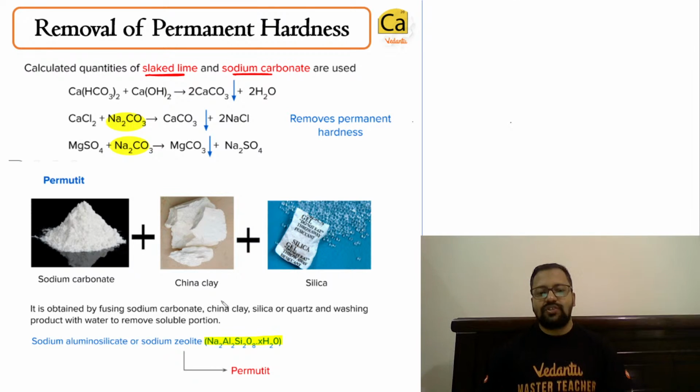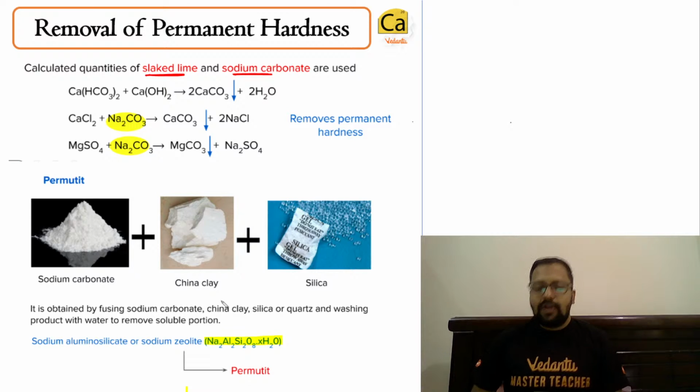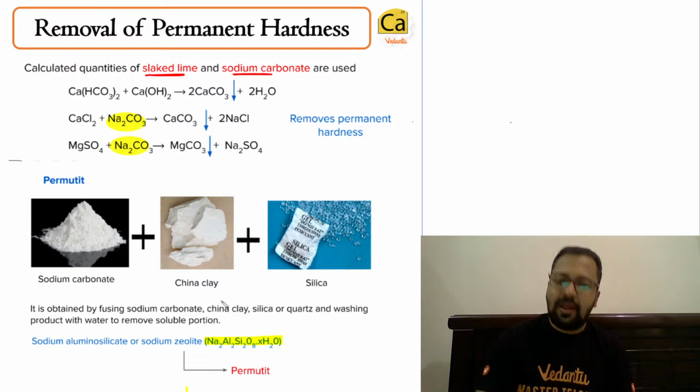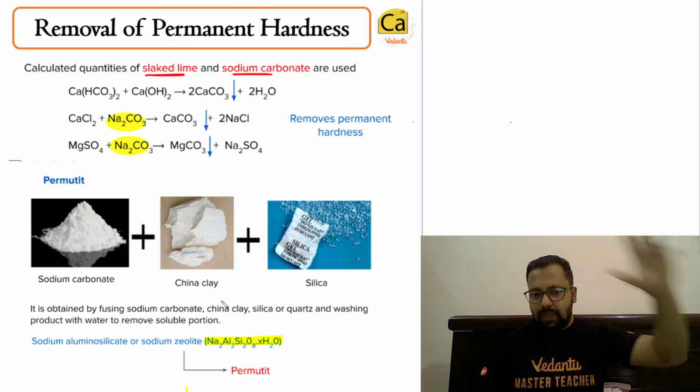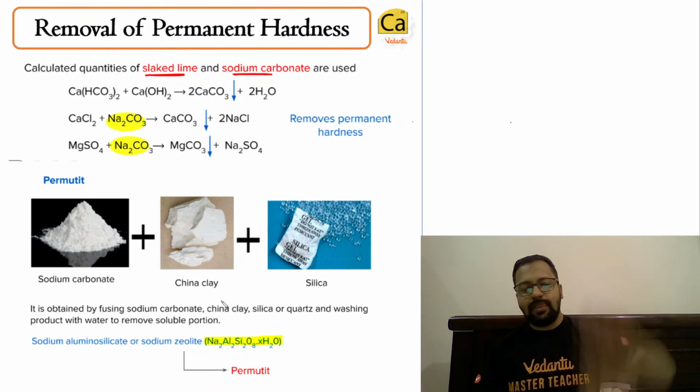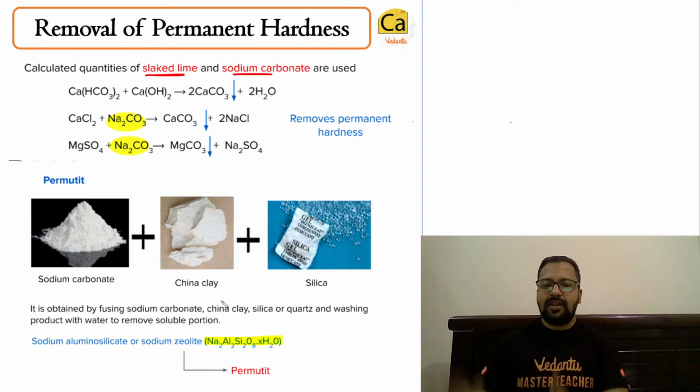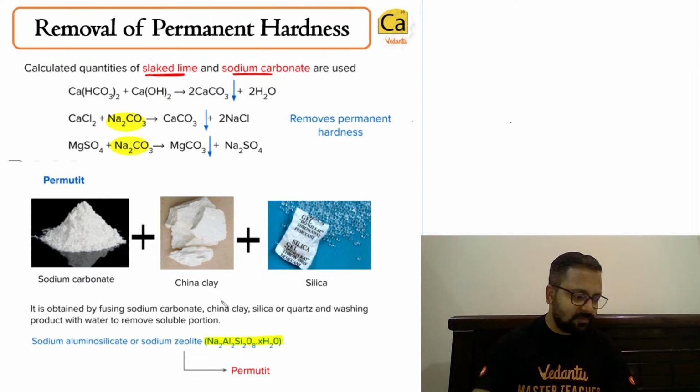Sodium binds with the sulfate or the chloride part. Understood? It is just an exchange of two different types of ion. So silicate exchanges calcium and magnesium for sodium, and it comes out in the soluble form. Clear?